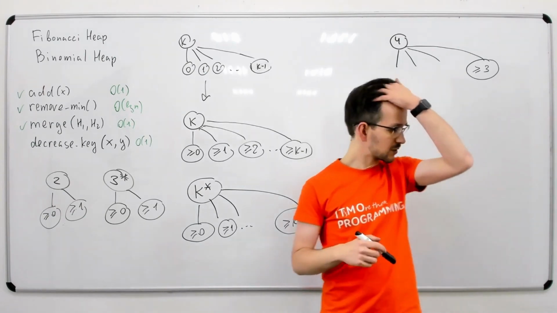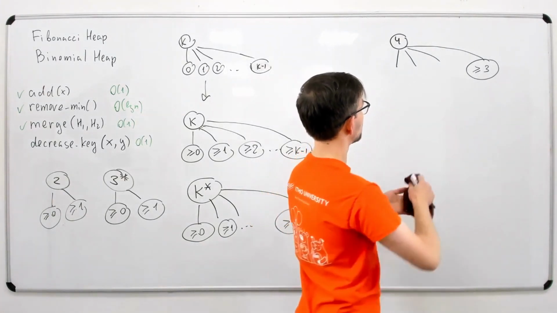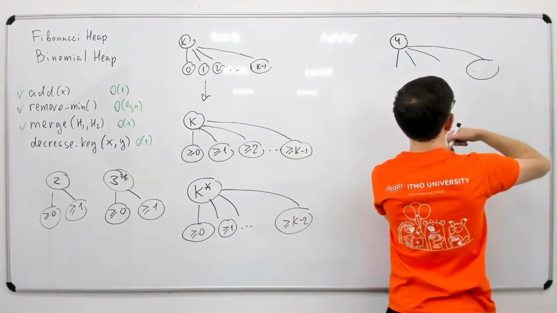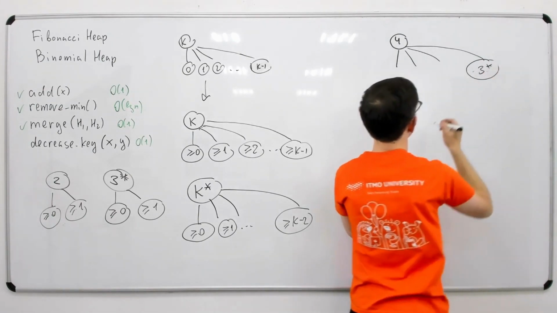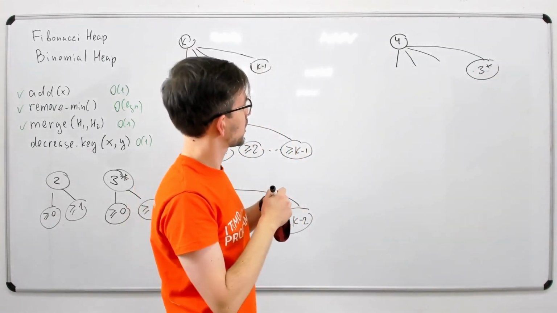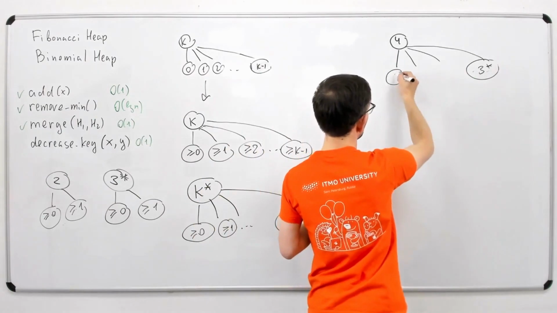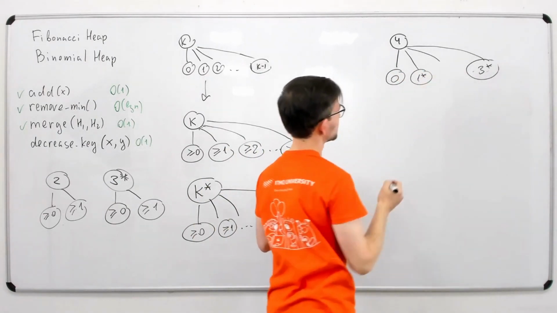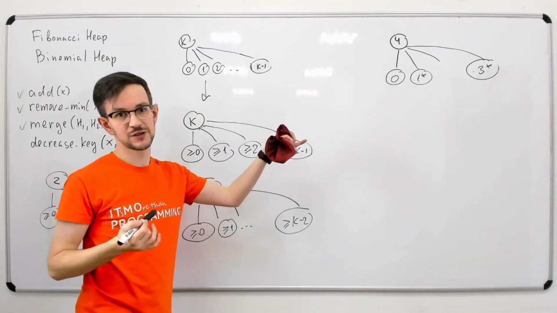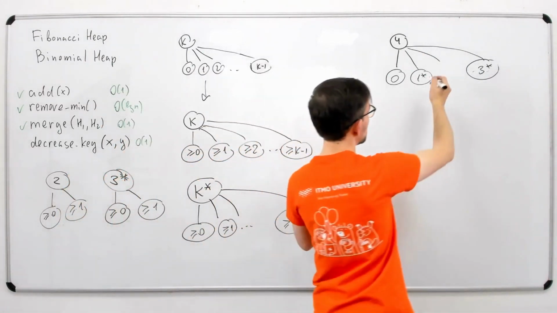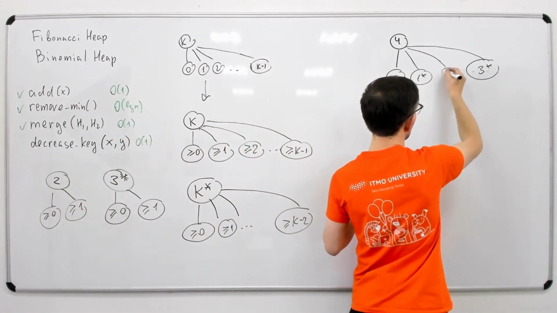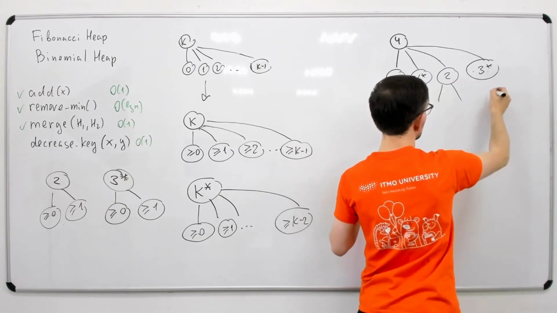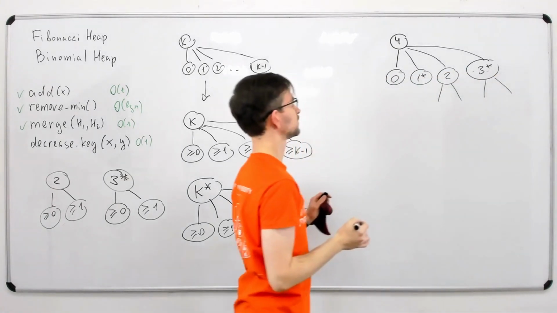Well, for example, let's move here. Here you may have a tree of rank 3, and here you have rank 0. Here you may have 1. It is the same as 0. Here you might have something like 2, so you have 2 children here and 2 children here.